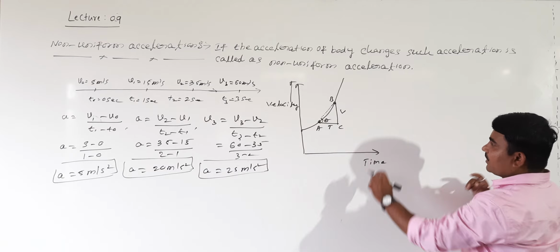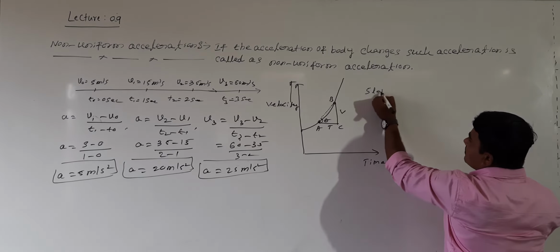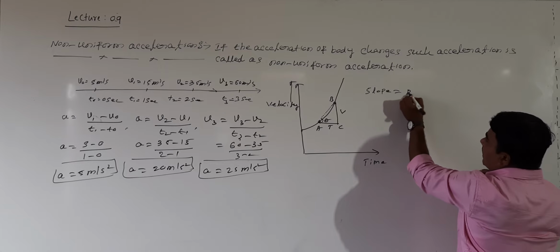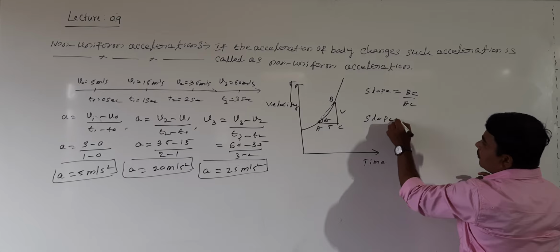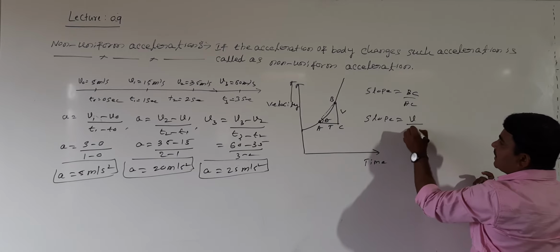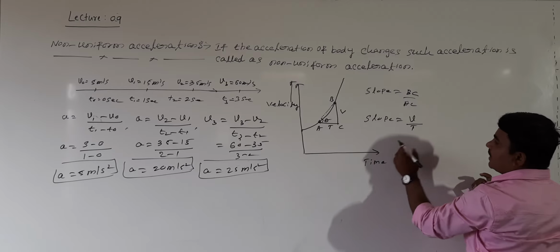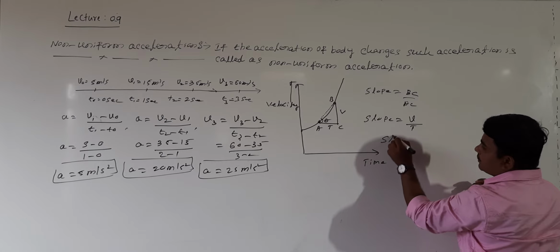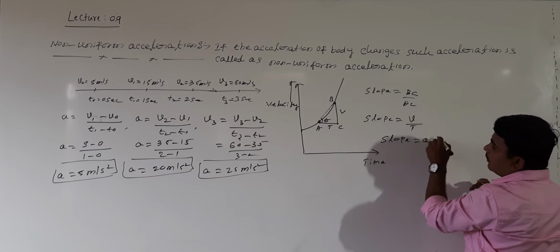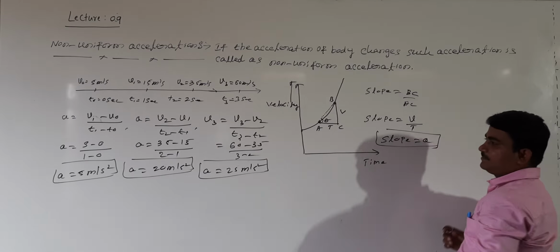Slope equals BC divided by AC. BC means velocity, AC means time. Velocity by time we are calling acceleration. So slope equals acceleration of the body.